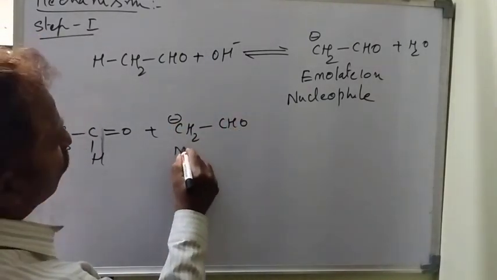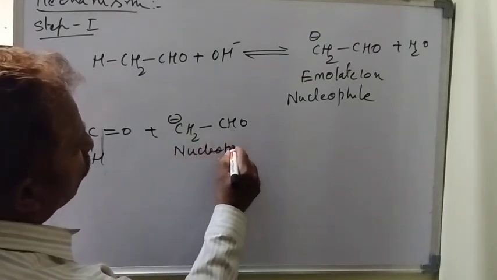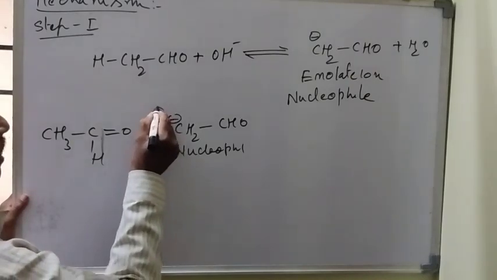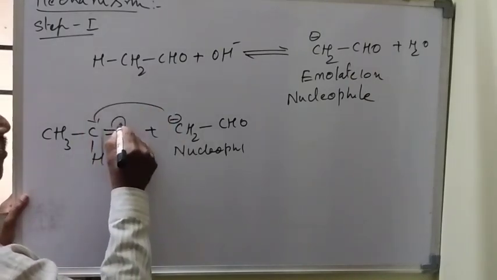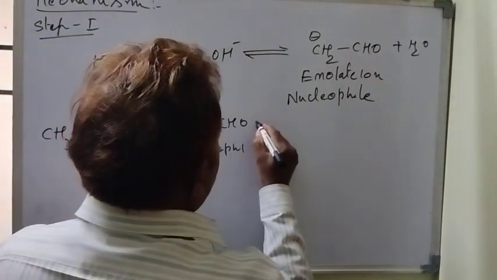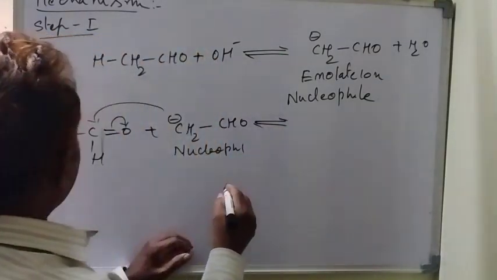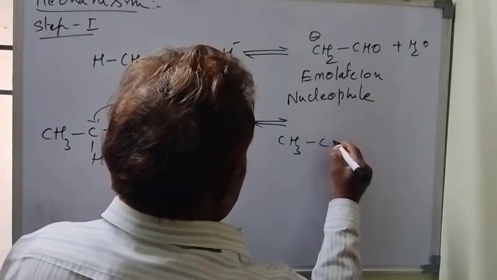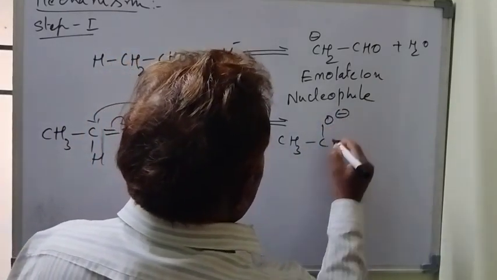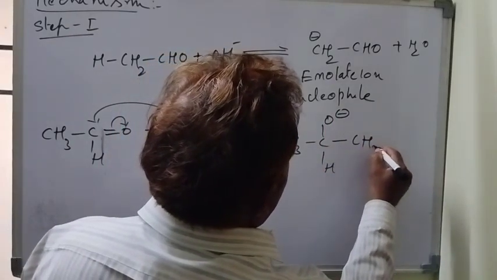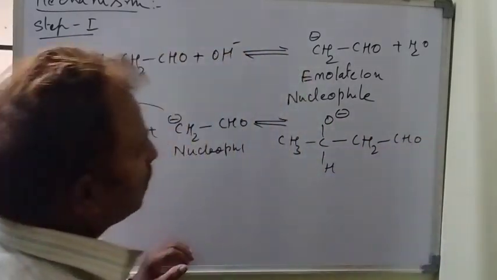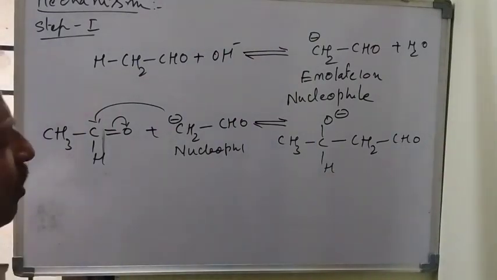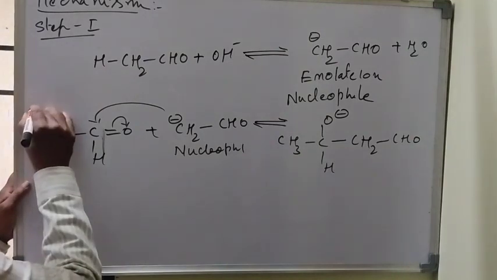So this is a nucleophile. So here what happens? This comes and attacks here. Therefore, this bond shifts in this manner. So in this way, this is CH3CH with O minus, and CH2CHO. So this intermediate product forms. This is step 2.